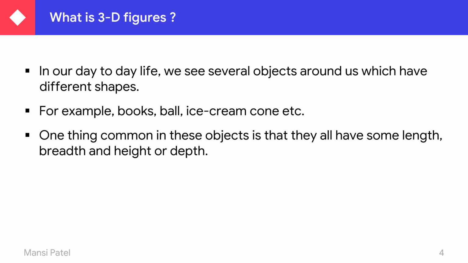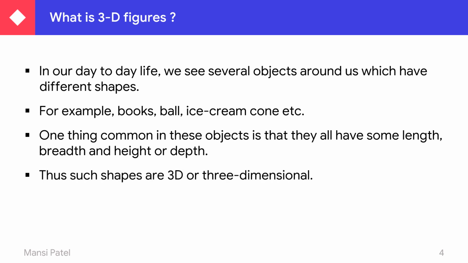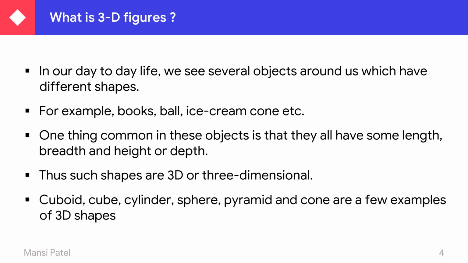One thing common in these objects is that they all have some length, some breadth, and some height or depth also. Thus, such shapes are 3D or three-dimensional. Cuboid, cube, cylinder, sphere, pyramid, and cone are a few examples of 3D figures.